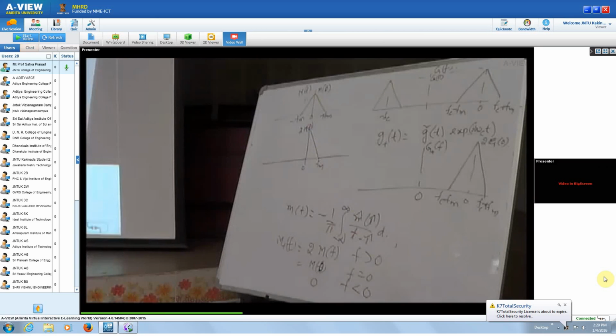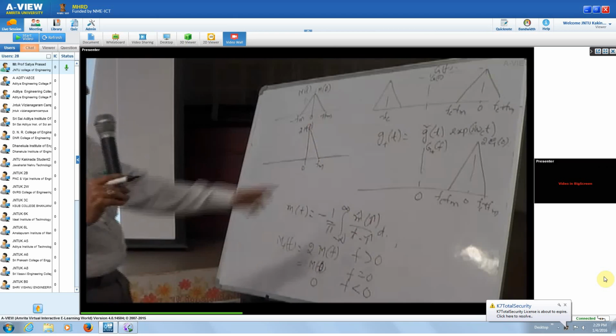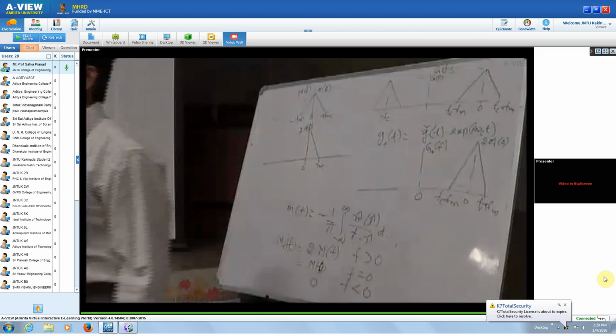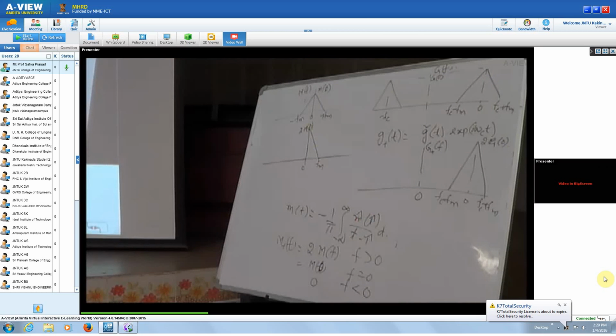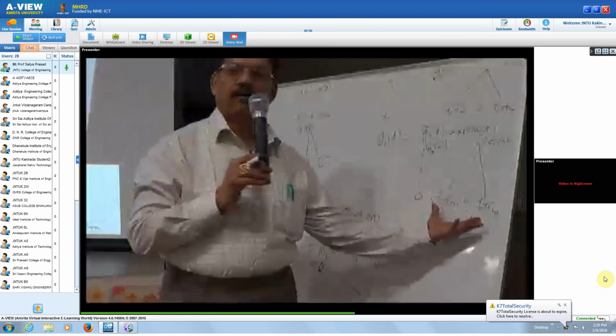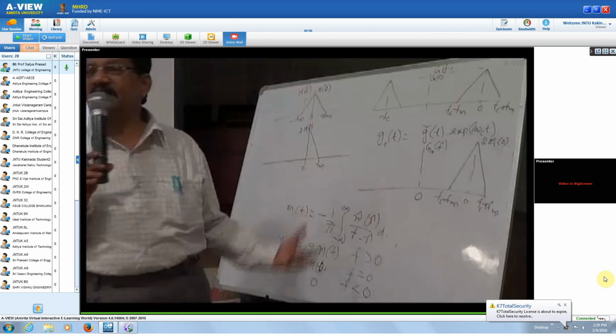And how do we represent G plus of t? G hat of t multiplied with the exponential signal. When you multiply with the exponential signal, you are having a frequency shift.